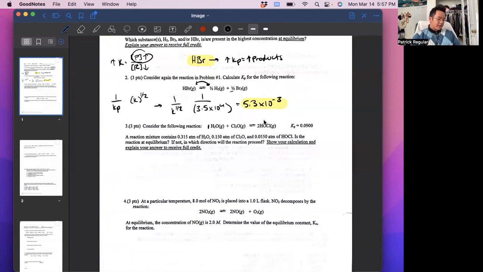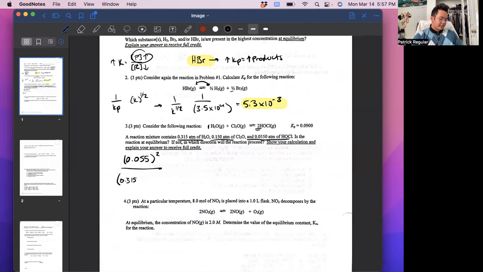So right here, it gives us 0.315 and 0.15, and those are of our reactants, so they're going to be in the denominator, my bad. And 0.055 of our product, which is the numerator, right? So let's put in 0.055 of our HOCl, and don't forget your coefficients right here, so the second power.